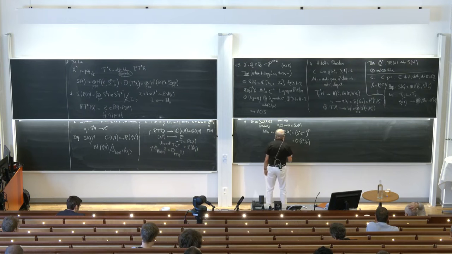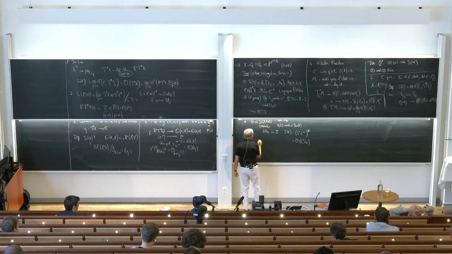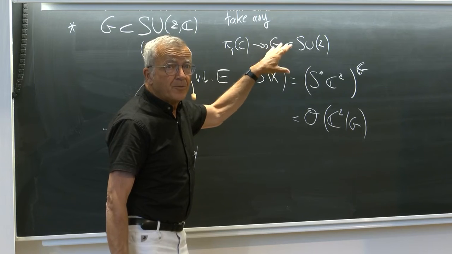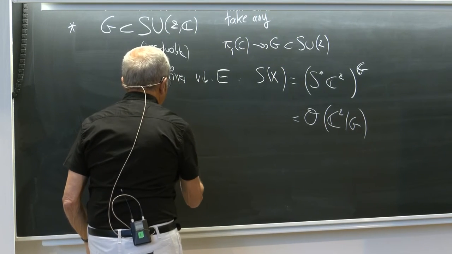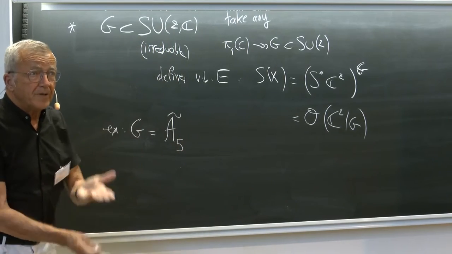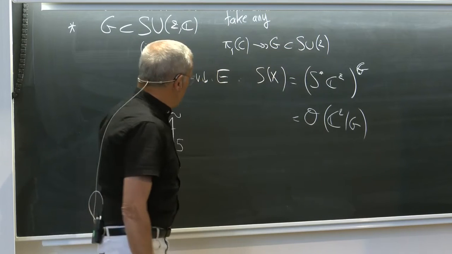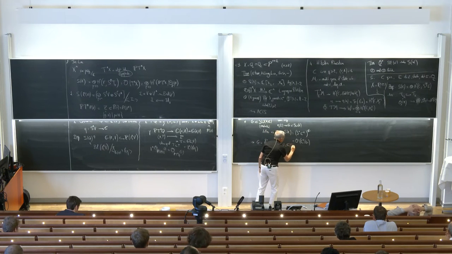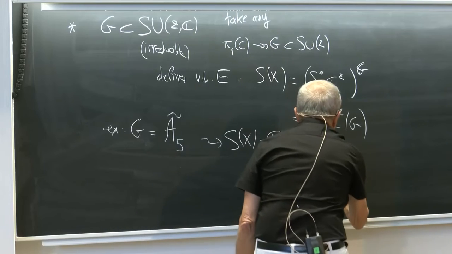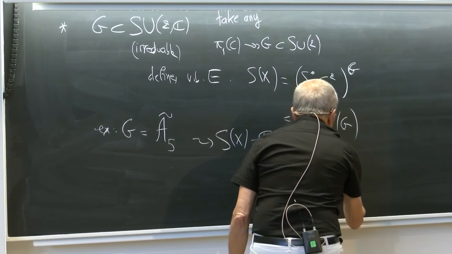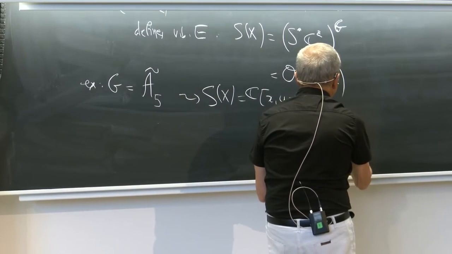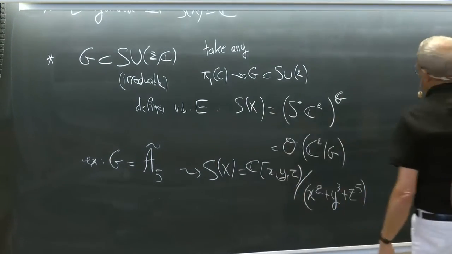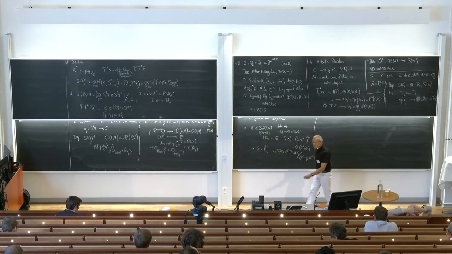If you take for G the double covering, what is called the binary icosahedral group, this double covering of A5, A5 is contained in SO(3), and you take the inverse image in SU(2), then you get, for instance, S(X) = C[x,y,z] modulo x^2 + y^3 + z^5. So you get a nice algebra for your S(X).